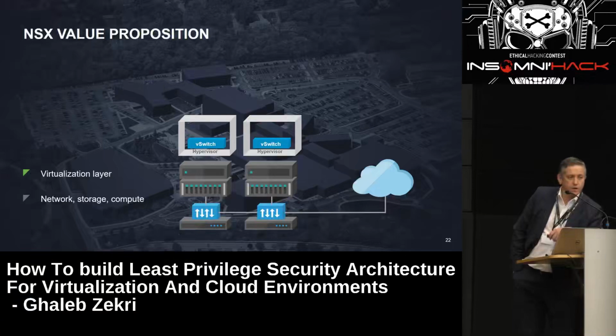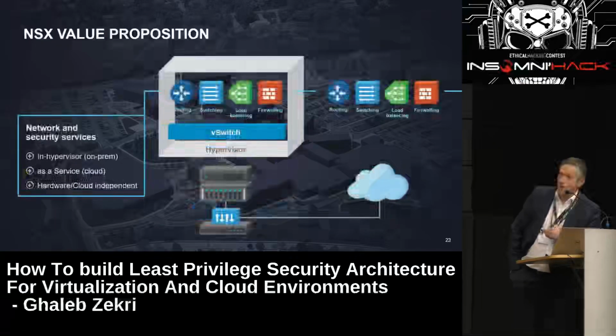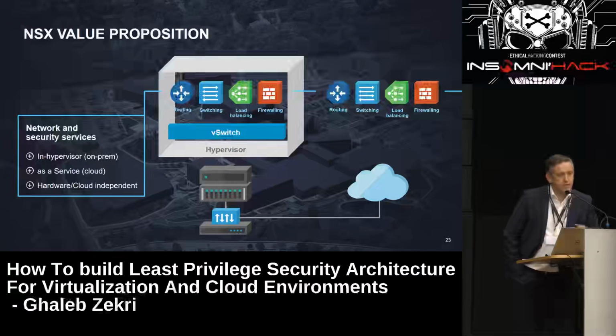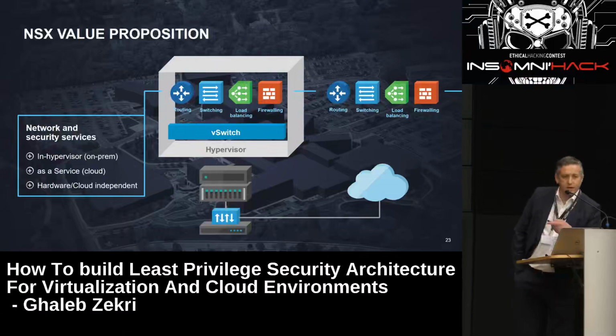So we host the hypervisor on a bare metal server. And then we enrich the hypervisor with network capabilities that extend the security capabilities inside the hypervisor and provide these services on-prem or even more in the cloud.